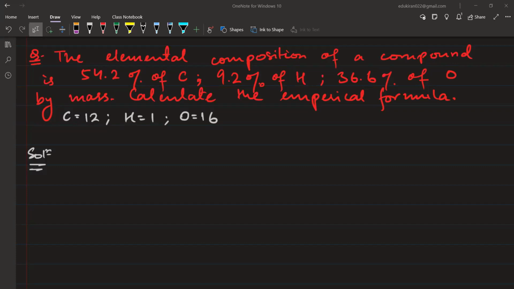If you do that 2.3, then 9.2 divided by 2.2 will be equal to 4.18, something like that. You have to convert to a whole number, so it is very near to 4. Then आपके पास 2, 4 and 1 टाइप से आंसर आ जाएगा, ठीक है. And Siddhika, waiting for your answer.